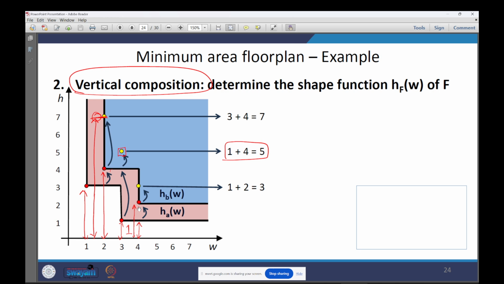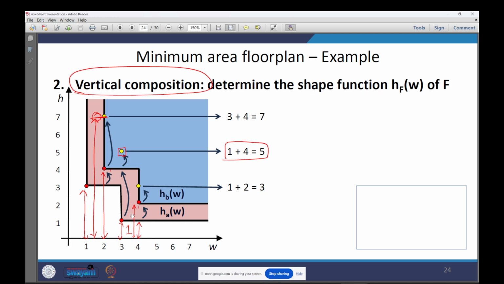So this 3 plus 4 is 7. Then you have another point 1 plus 5. 5 is another point. Similarly, you have 1 plus 2 is basically 3. So 1 plus 3 is basically another point.